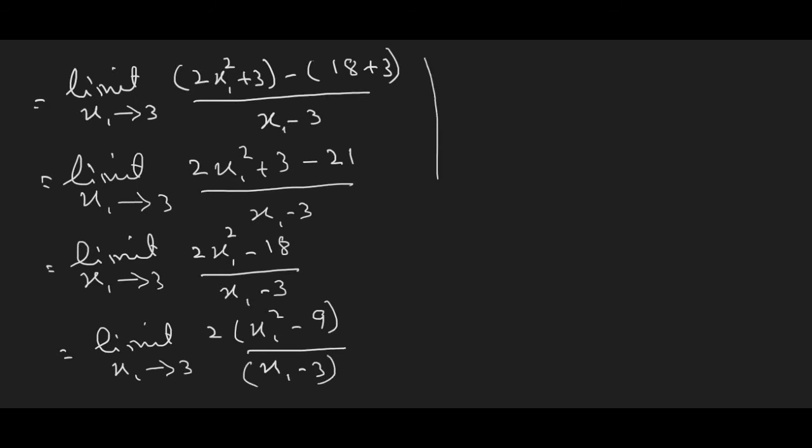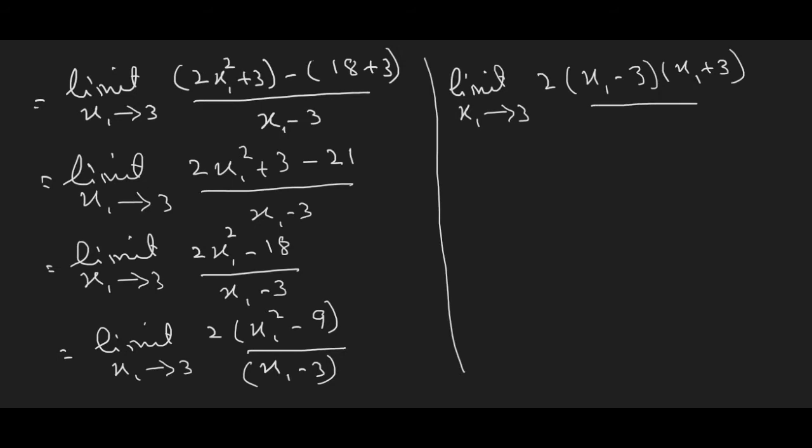Now making the factors of this, we get limit x1 approaches to 3, 2 times x1 minus 3 and x1 plus 3 whole divided by x1 minus 3.